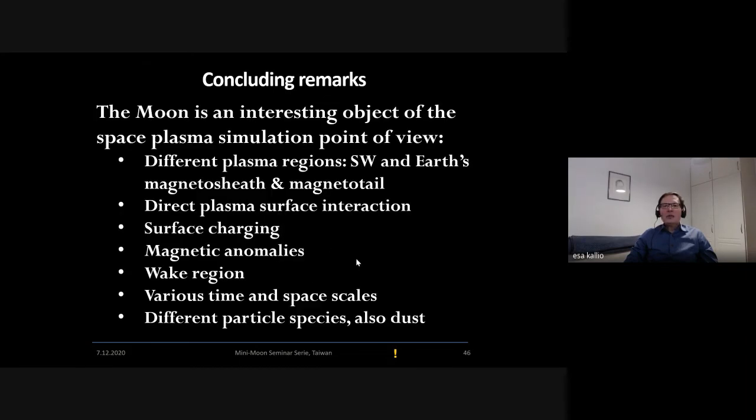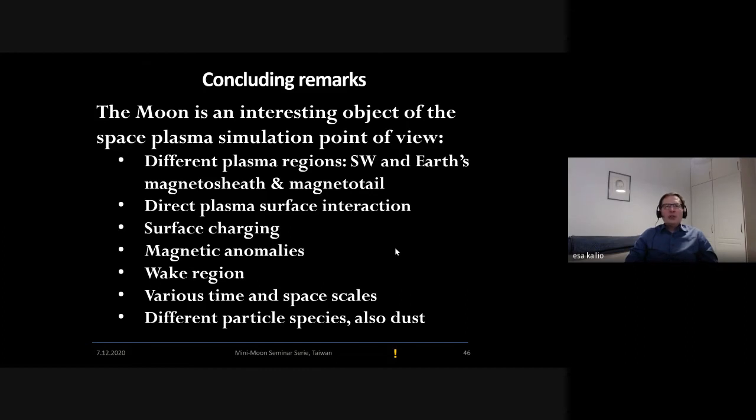As concluding remarks, I would say that the moon is a really fascinating object from the simulation point of view, because there are many time and space scales. The wake is fascinating. Also, the interior is interesting, and how its conductivity affects the interaction.